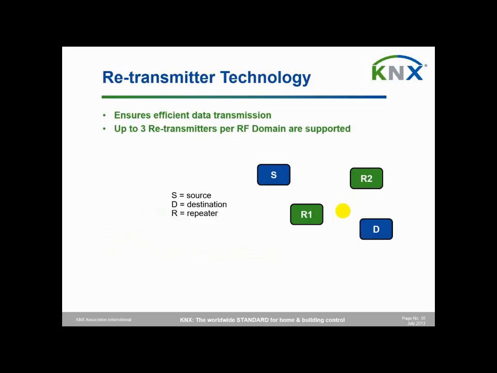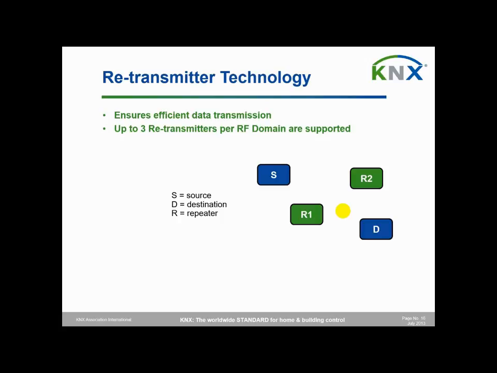Then the retransmitter technology, I also want to explain the specifics of the retransmitter technology used, because in KNX RF it means it's an optimized technology that is used. So here an example.